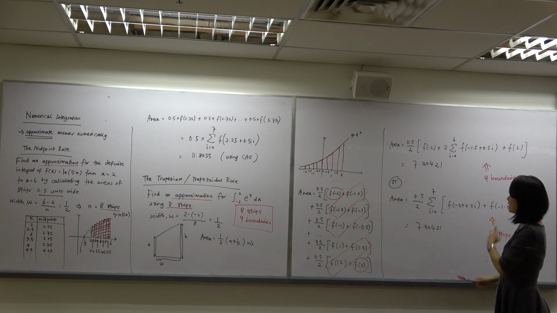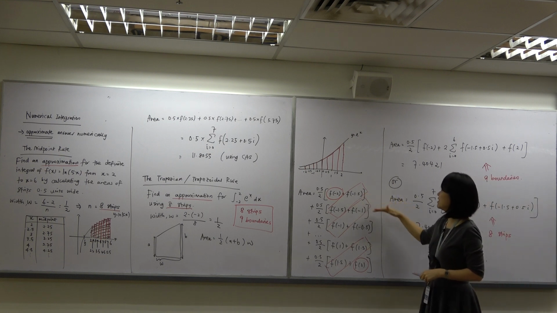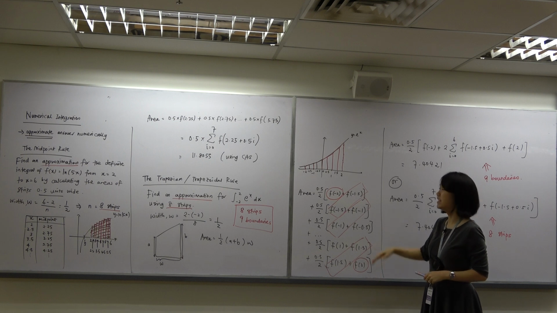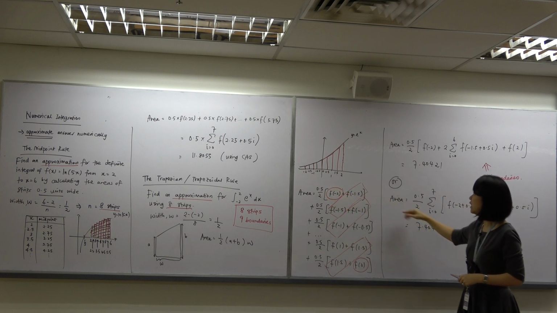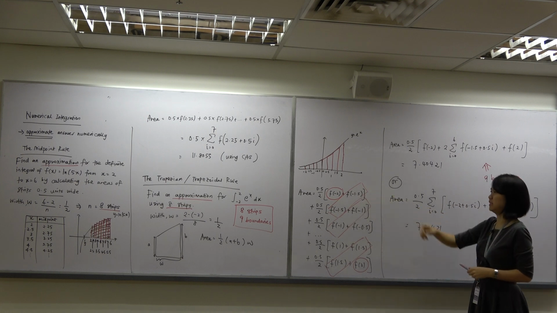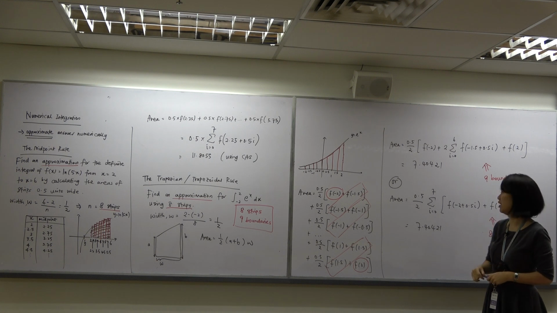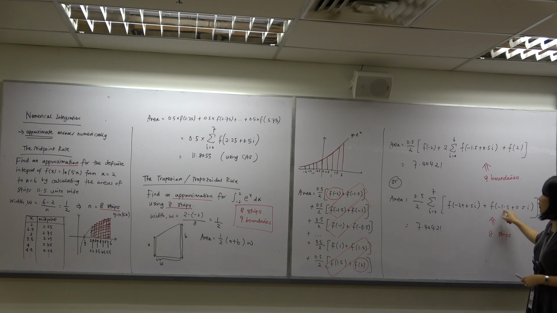Okay, so what is with the second one? The second one, I work with strips. So strips, I'm going to go 0.5 over 2 again because that is the common term. With the first strip, I'm going to go f(-2) plus f(-1.5), am I correct? So it is f(-2) and f(-1.5) that I got to write. And why is it adding 0.5i?